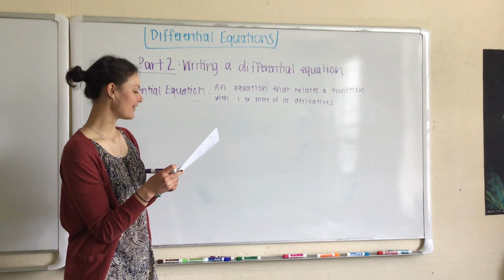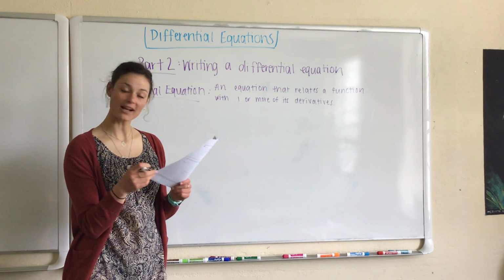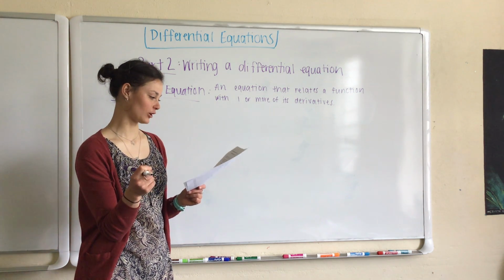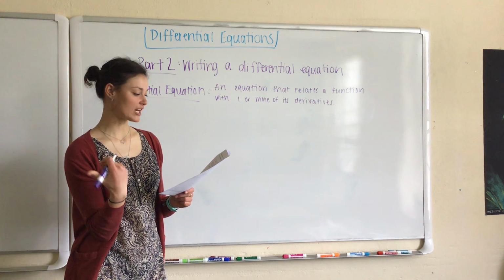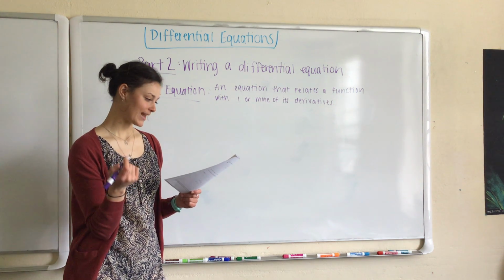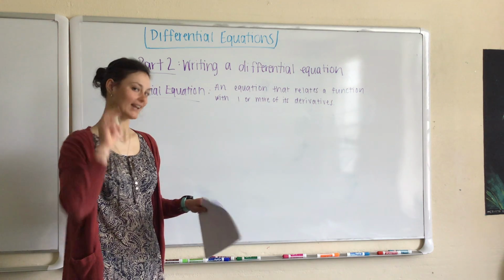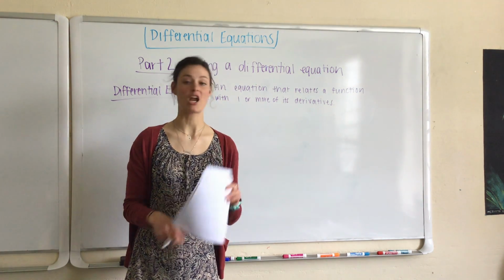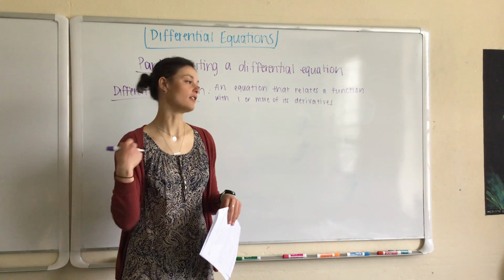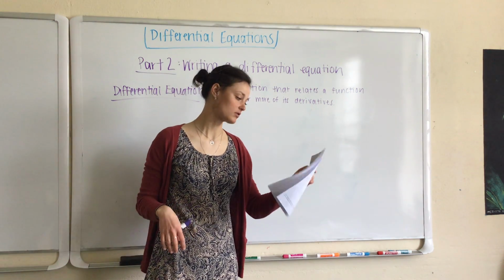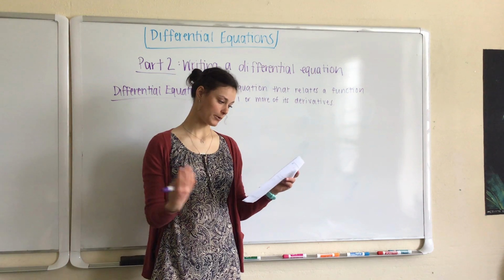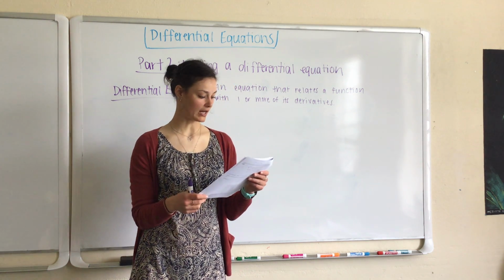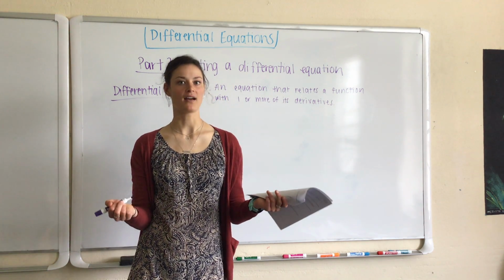So, therefore, if we want to write or interpret a differential equation, this might involve us reading some information about a function and its derivatives and then translating it into math. We know that derivatives represent change, right? Old news. Therefore, when we write equations about how things are changing, it often ends up being a differential equation.